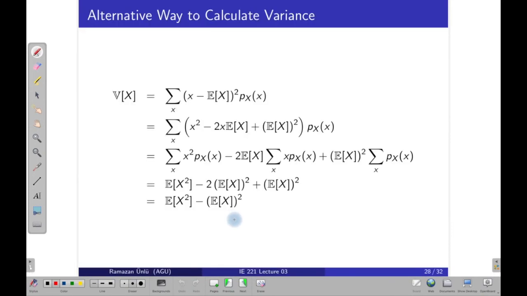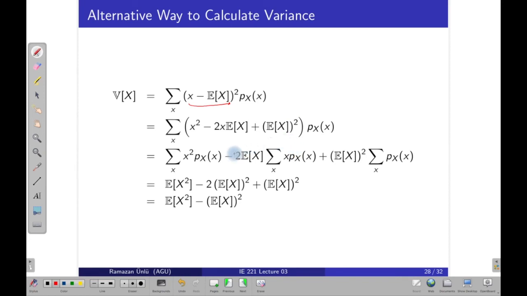So if you remember, I said that there is another way to calculate the variance, and now let's look at this one. This is the definition of the variance, right? x minus expected value of x, squared, times PMF of x. So let's open this part, which is x squared minus 2 times x times expected value of x plus expected value of x squared.